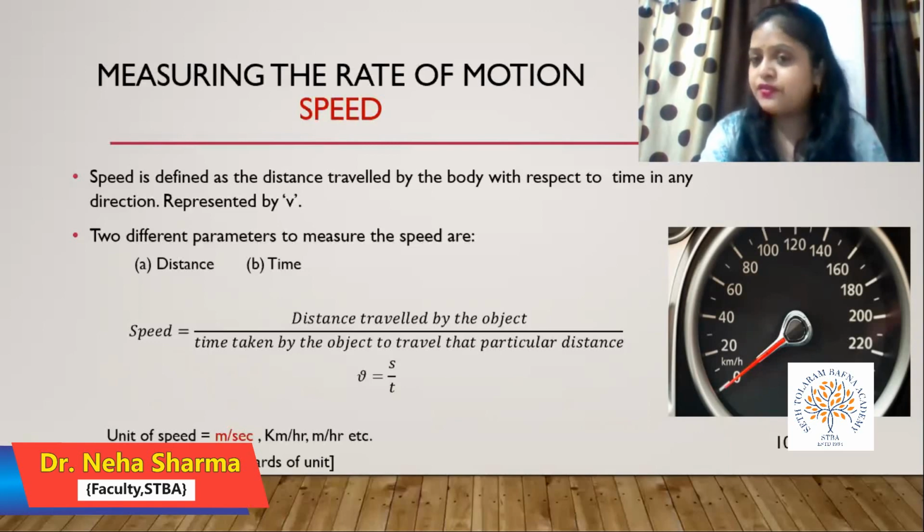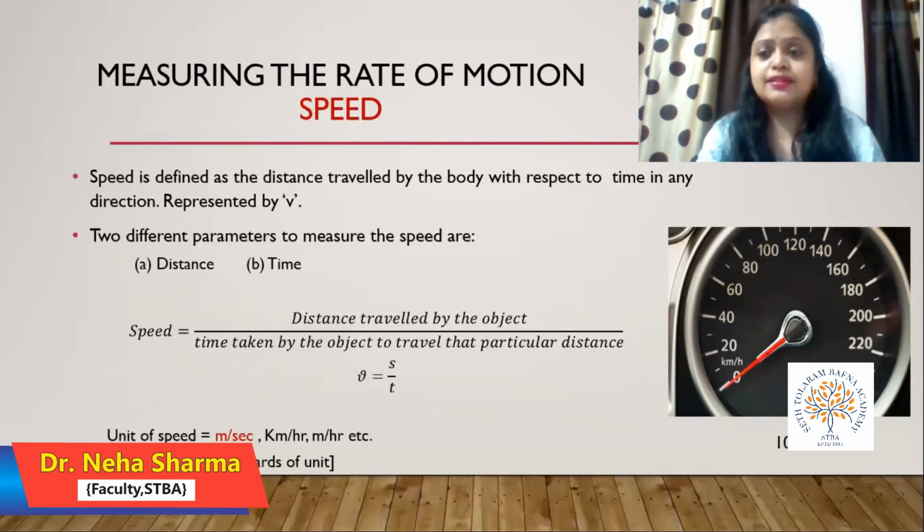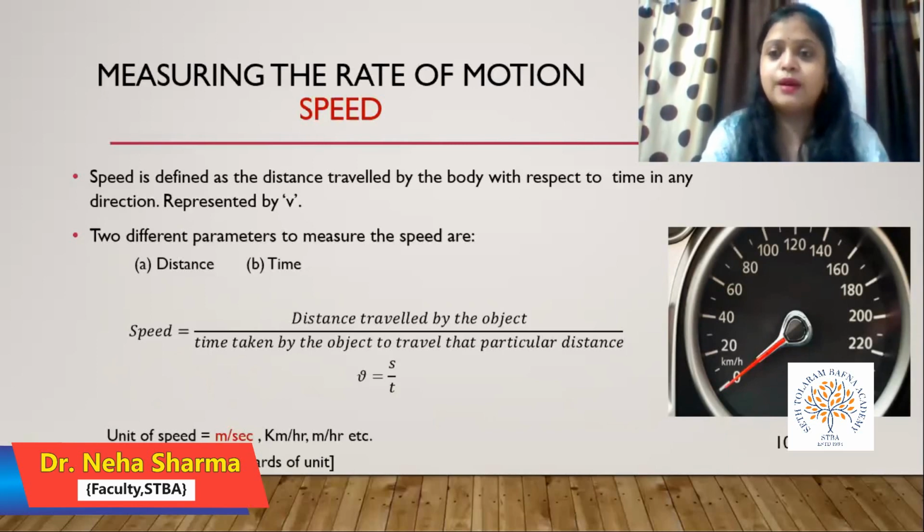In the last class I defined distance as small s. So v is equal to s by t, right? As in the previous example, going to school by bicycle or by car, the distance is the same, but the time taken is different, so the speed also differs. I hope it is clear to you.